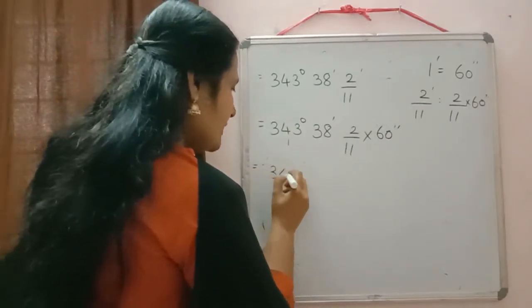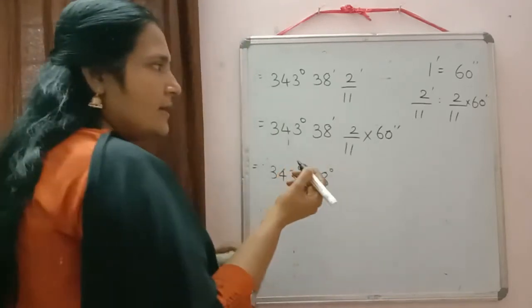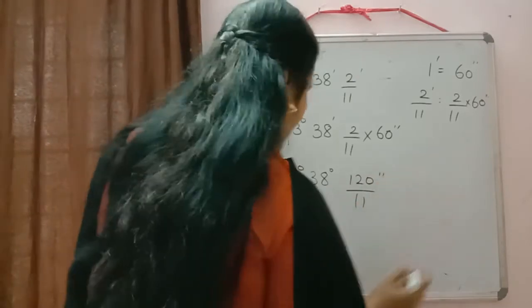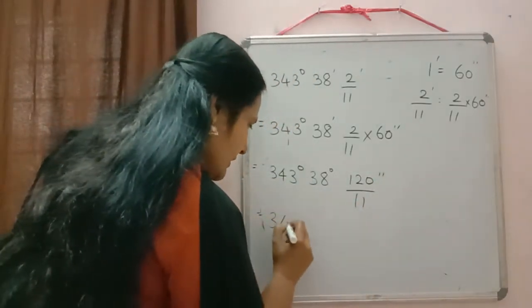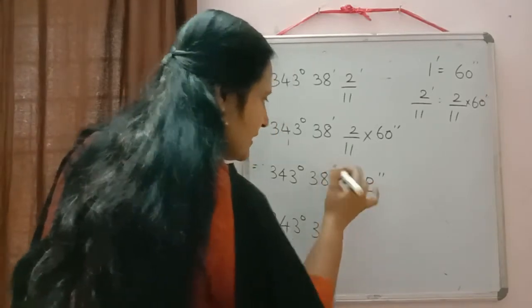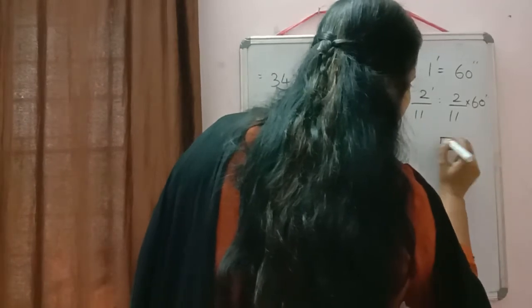So 343 degree, 38 minutes, and now I am converting 2 by 11 into seconds by multiplying by 60. It will be equal to 120 by 11 seconds.